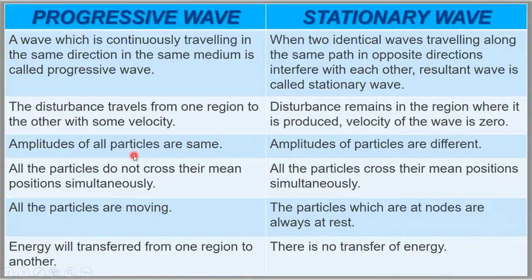So what we have seen is, in progressive wave, the disturbance will travel with a certain velocity, but in stationary wave, the disturbance will not travel and the velocity of the wave is zero. Now the third point: in progressive wave, the amplitude of all particles is the same, while in stationary wave, the amplitude of particles is different.